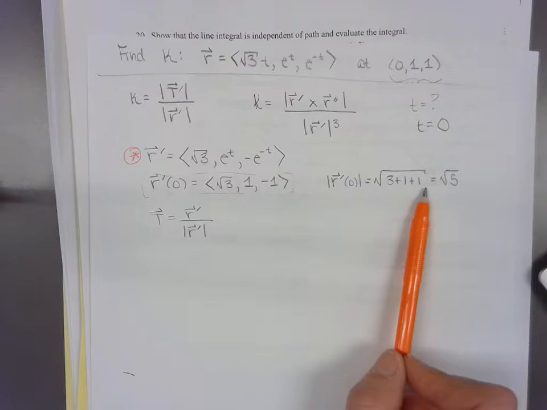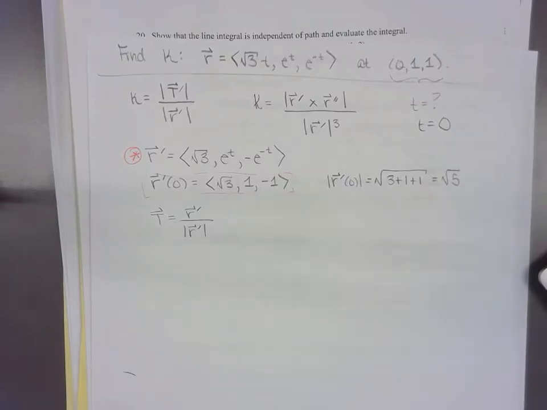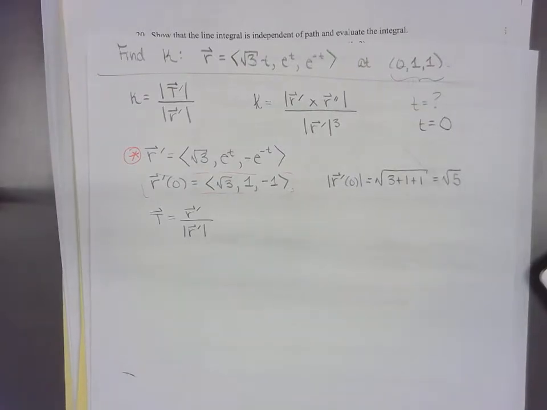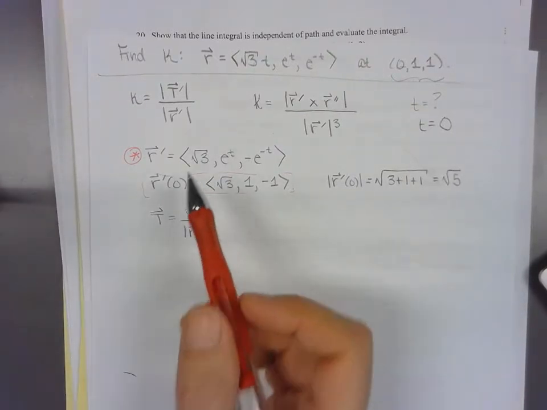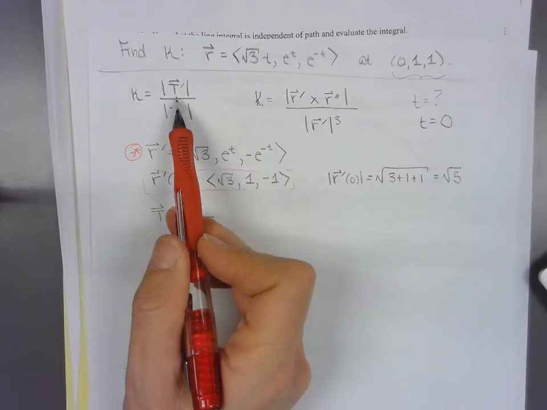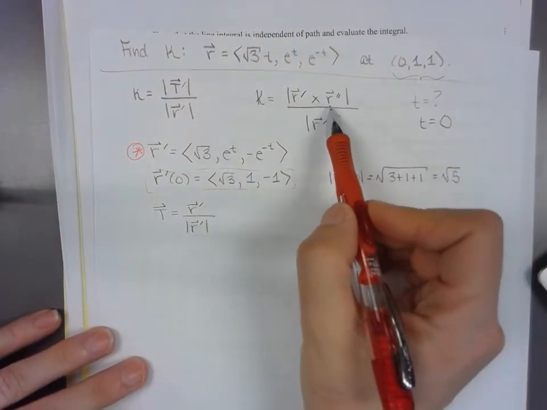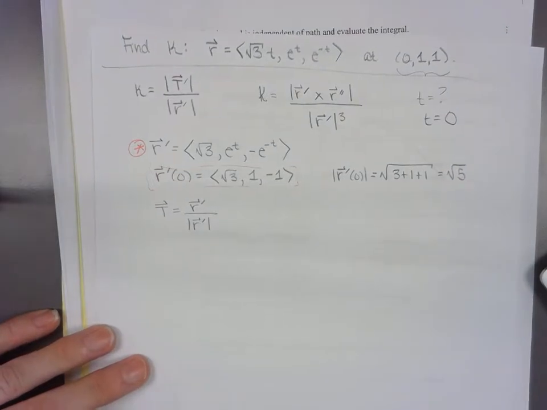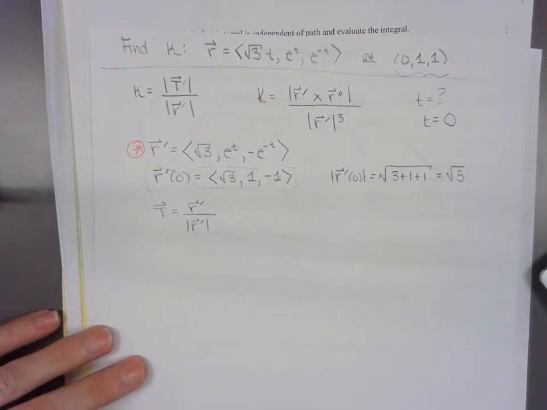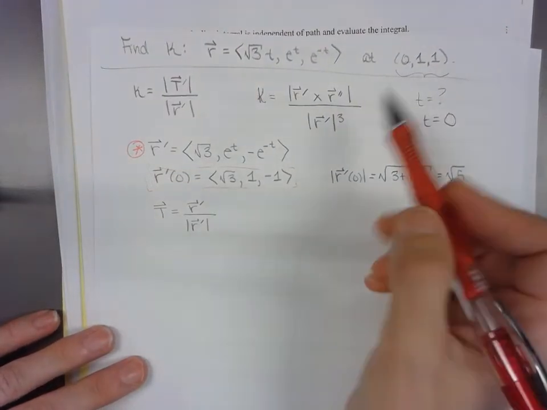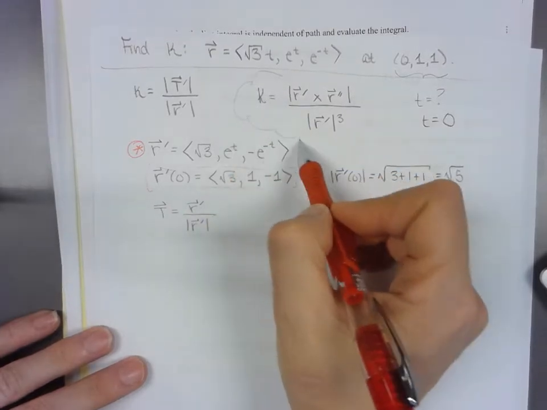And right, I still have to take the derivative of that, because the formula has T prime in it, not just T. So I don't think I want to go that route. Then I ask myself, is it hard to find r prime? No, it's pretty easy to find r prime. So this is definitely going to be the way to go.